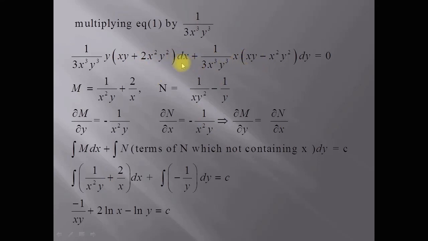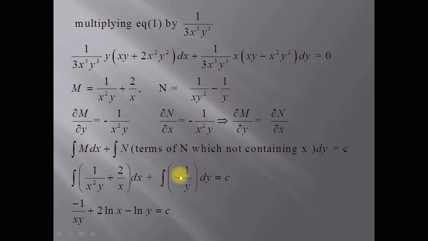So we can find a solution easily by taking the integration of the M function with respect to x, and the integration of those terms of N which do not contain x, with respect to y, equal to c. There is only one term in the N function which does not contain x, and the term is −1/y.